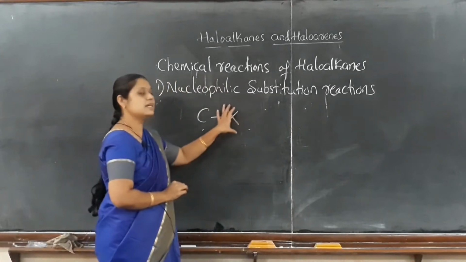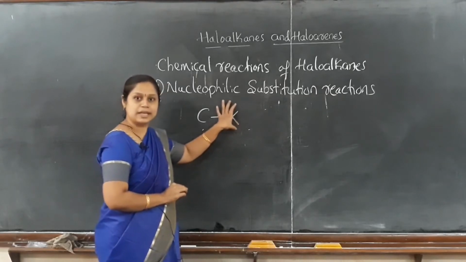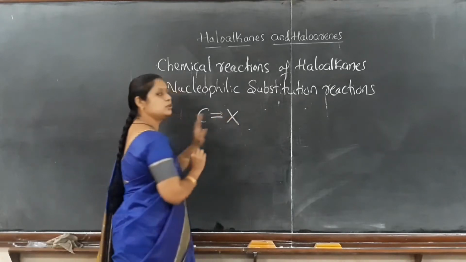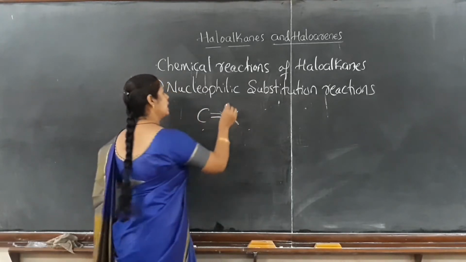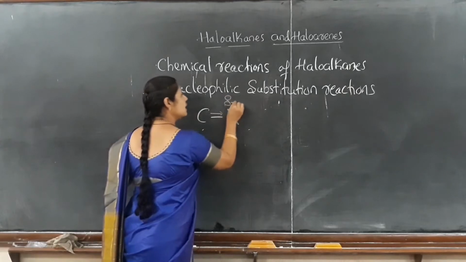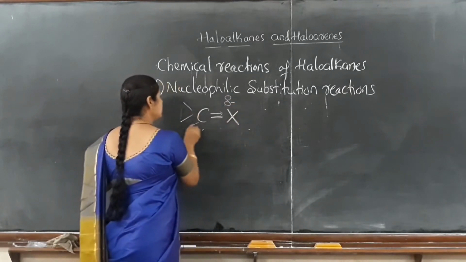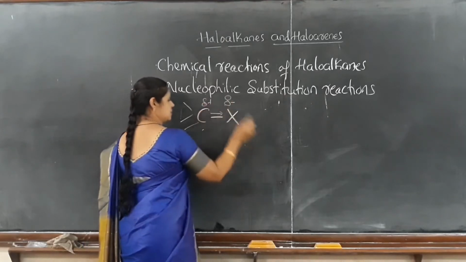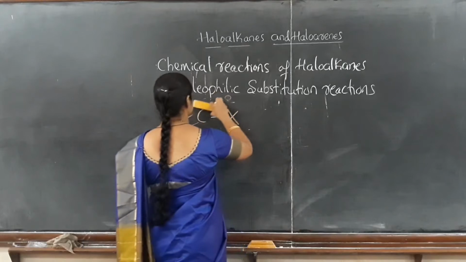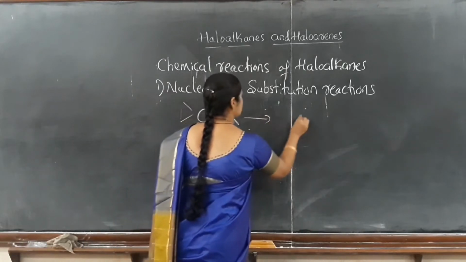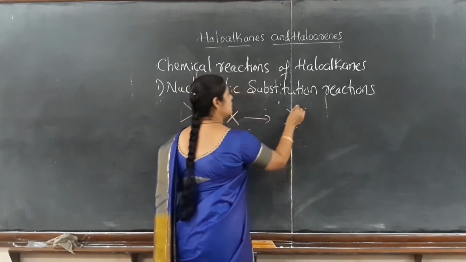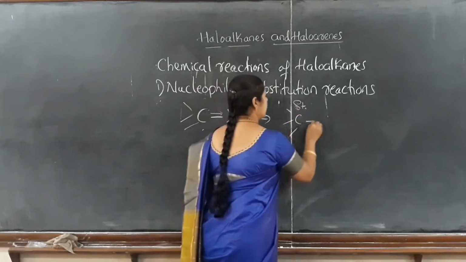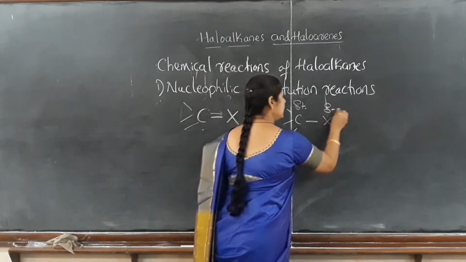As the halogen is more electronegative, the shared pair of electrons moves towards the halogen atom, hence it develops a slightly negative charge, and the carbon develops a slightly positive charge.